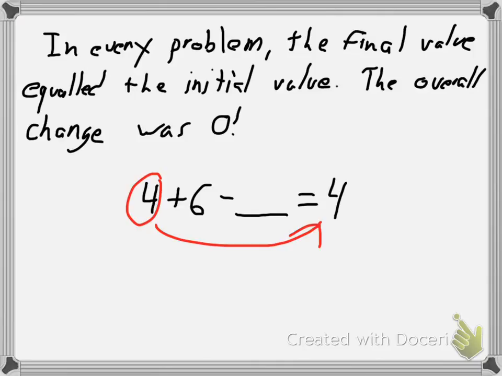I want to end up with 4, meaning whatever I'm going to add or subtract in the problem has to cancel out, meaning there is no change. So if I'm going to add 6, I'm going to have to subtract 6 to equal what I started with. So I know that blank should be a 6.